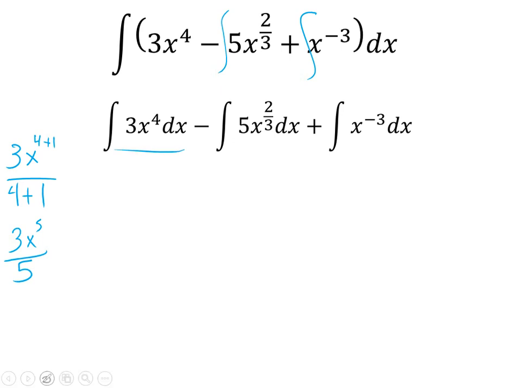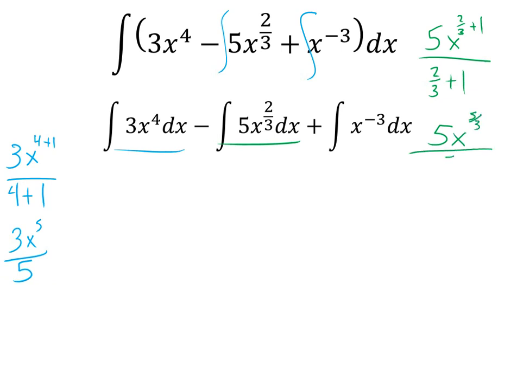And now the next one, which we'll do in green, would be 5x to the 2/3 plus 1 all over 2/3 plus 1, which would be 5x to the 5/3 all over 5/3. And when that cancels, if you simplify this, you get 3x to the 5/3.